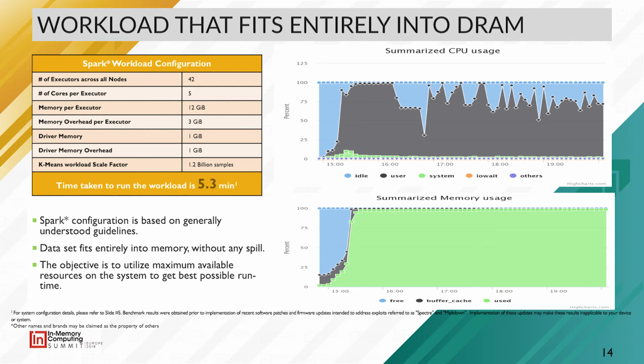Now I want to go to the actual benchmarking exercise that I've done and show you the numbers and the value of IMDT. And like I said, my workload is a Kmeans workload. First, I wanted to take a baseline scenario where I run a workload that actually fits into DRAM. So I took a smaller workload. On the left side is the configuration of my Apache Spark application.